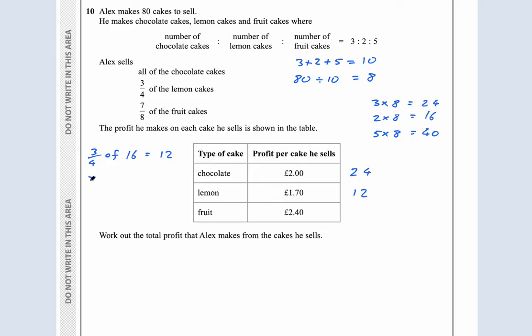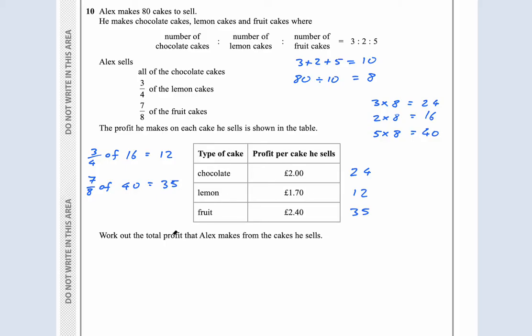And he does 7/8 of 40, divided by 8, 5 multiplied by 7 is 35. So that's how many fruitcakes he sells. And he makes this much profit per cake for each different flavor.